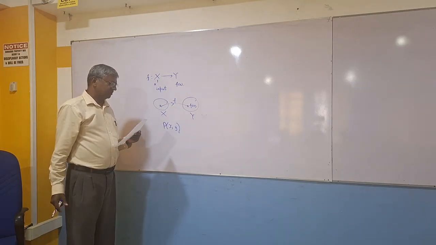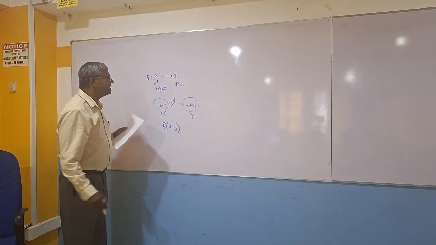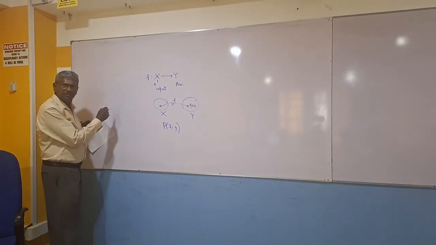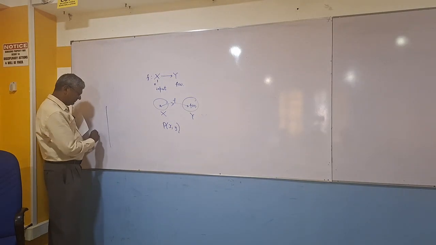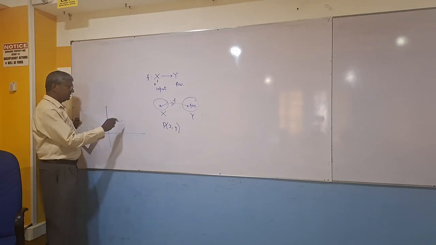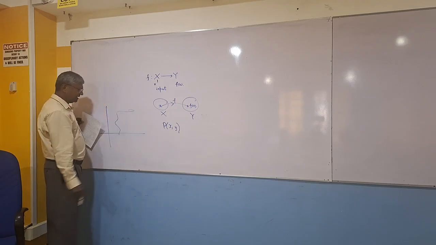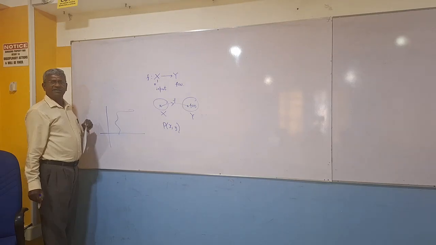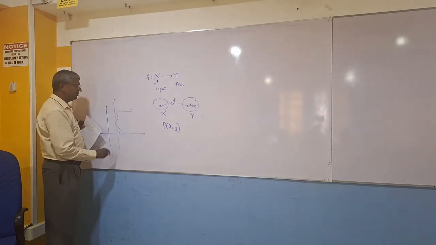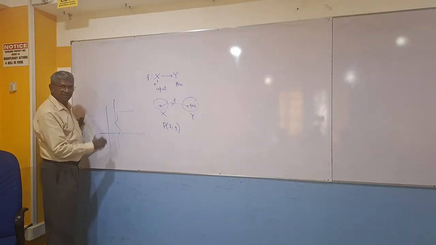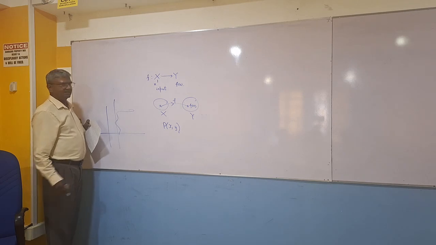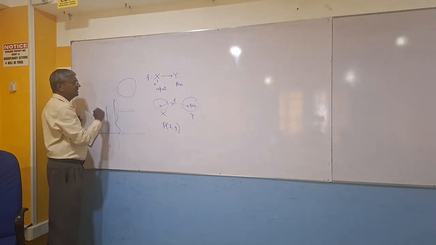This is sometimes known as the vertical line test. You know that, no? To check in A level. If somebody gives you a graph and asks, is this a graph of a function? You say no, because when you draw a vertical line, it cuts at two places. This is not a graph of a function.